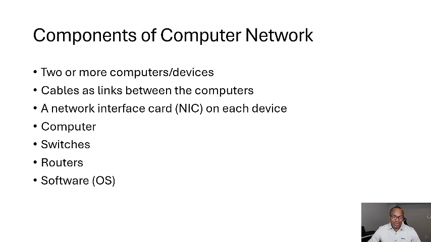You have your computer, which is a device that knows what to do with the data it is receiving over the network. Then you have your switches, to connect multiple network interfaces together, and you have your routers, which are used to connect multiple networks together, and you have your software called operating system, running on the device that can analyze the data it is getting from the network and present it to the user.